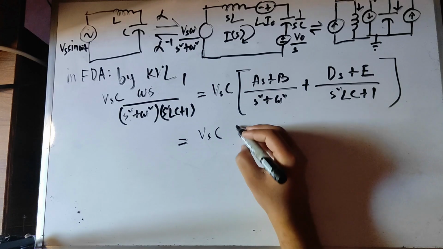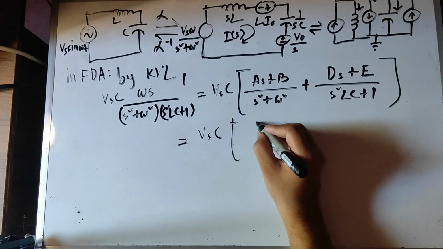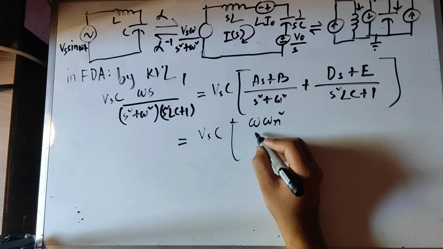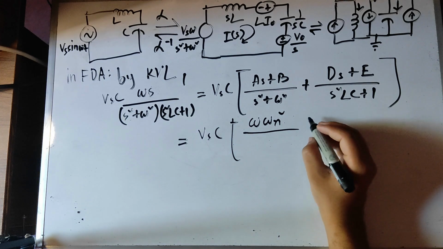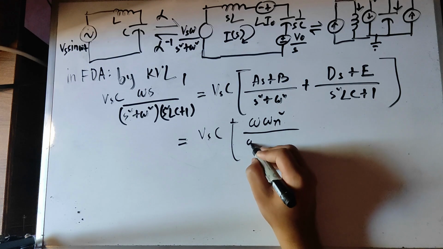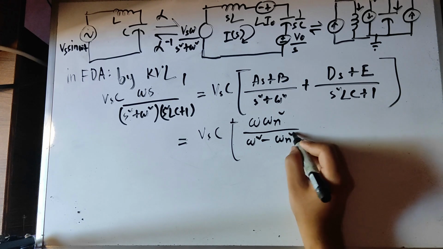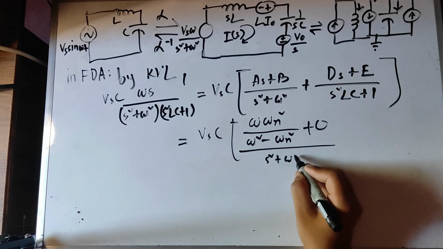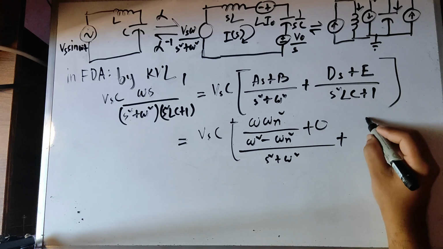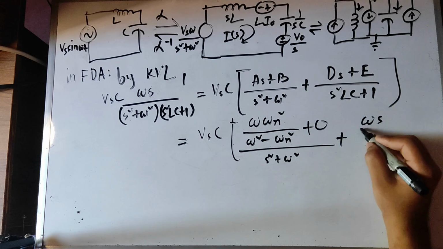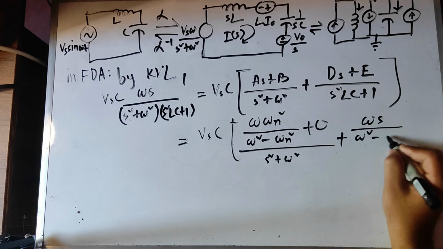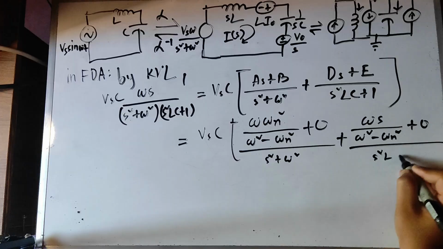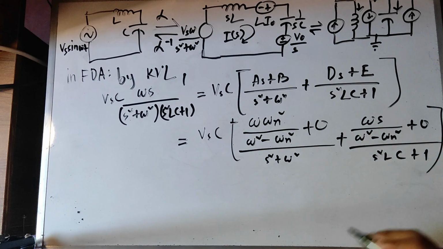These are Vs C times, so A is omega n square / (omega square minus omega n square) over S square + omega square, plus D is omega S / (omega squared minus omega n squared) over S squared LC + 1.